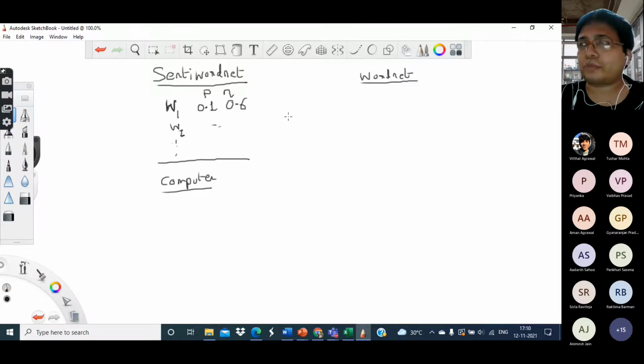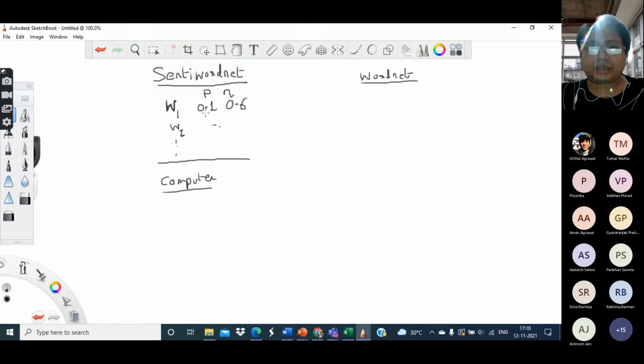You cannot possibly take millions of documents and tag each word one by one as to whether it is indicative of a positive or a negative sentiment.